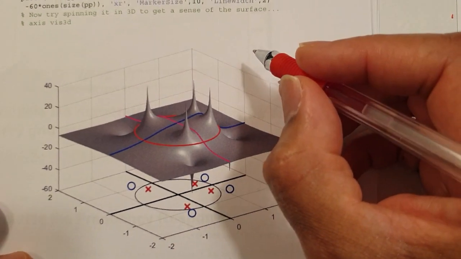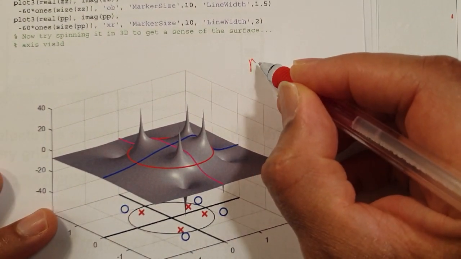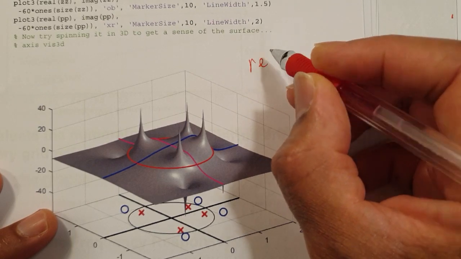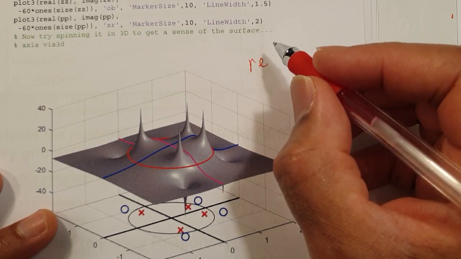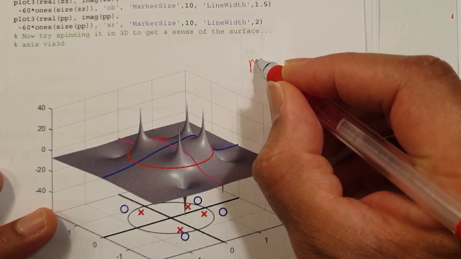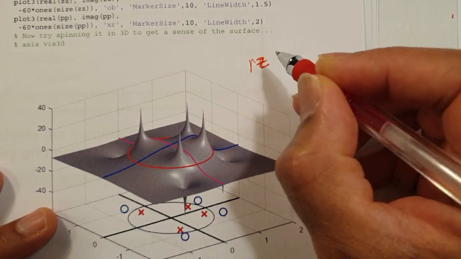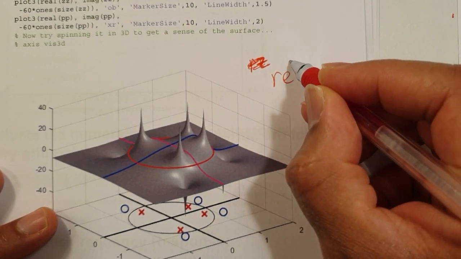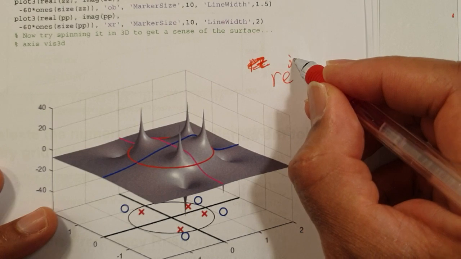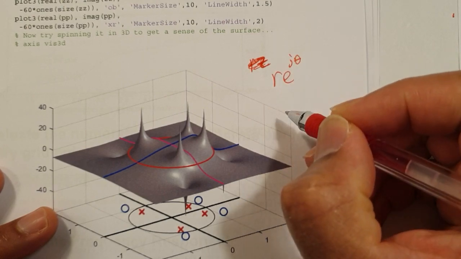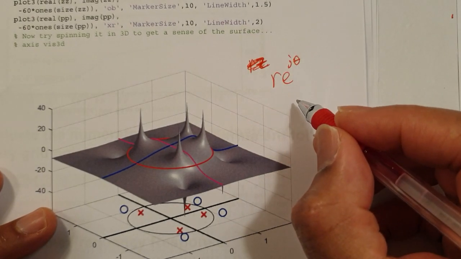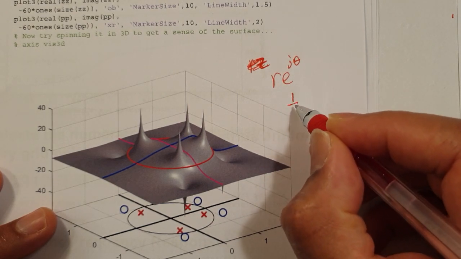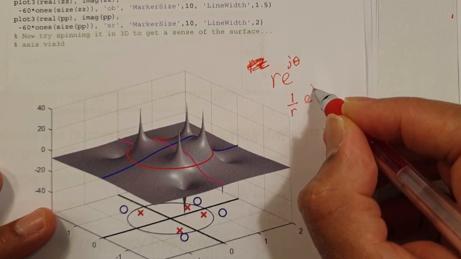For example, if the pole is at some r inside the unit circle, r e to the minus j, some angle, okay, then the 0 must be at its conjugate reciprocal, meaning 1 divided by r e to the j.